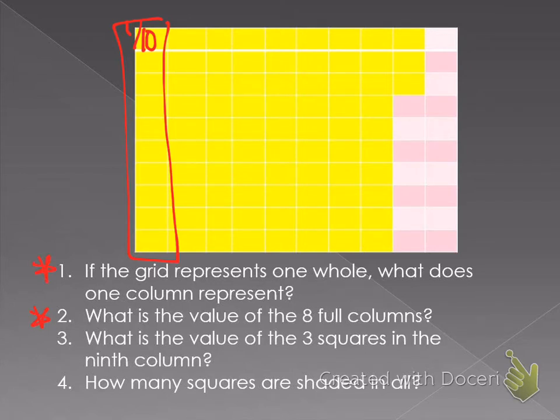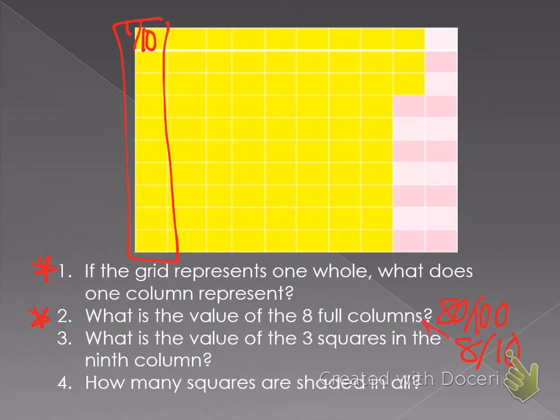Remember, for value, I actually put my 8 in the right place value. I have 8 tens that are full. If I have 8 tens, that gives me 80 hundredths. If I'm doing each individual one, or if I'm going by column, I would refer to it as 8 tenths.